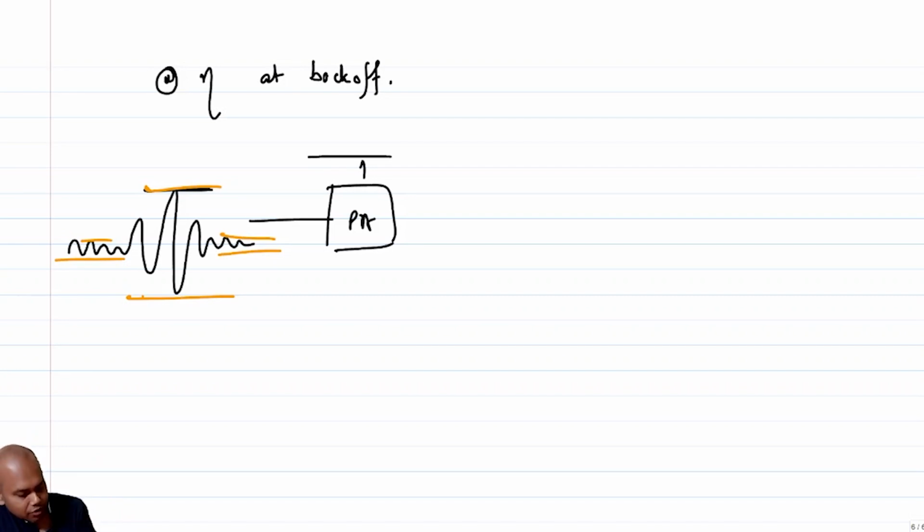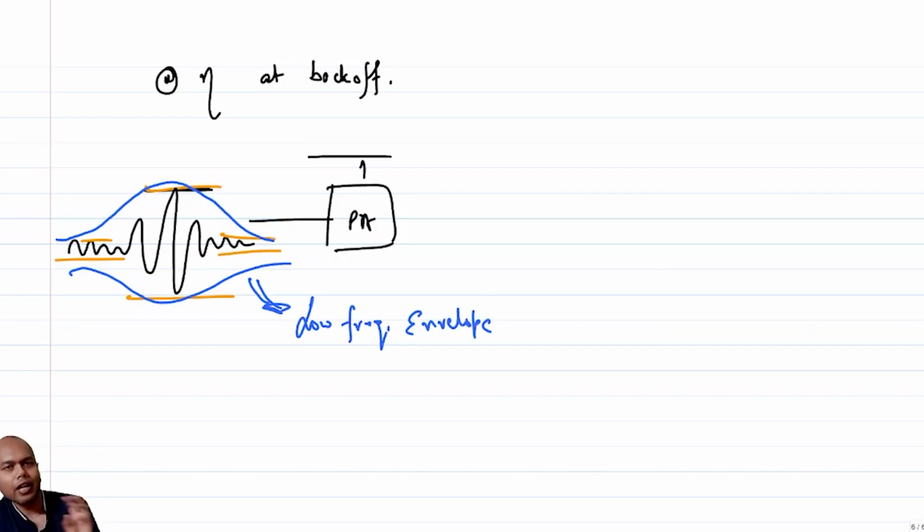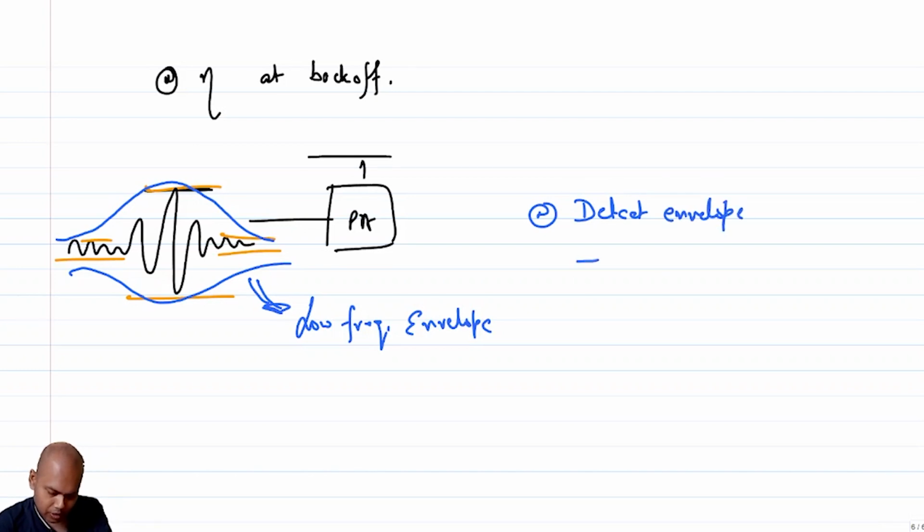So what people have figured out is that this envelope of signal swing is a pretty low frequency envelope. So if we can detect the envelope, and then essentially change the power supply itself, so you detect the envelope and then modulate VDD essentially, correct?